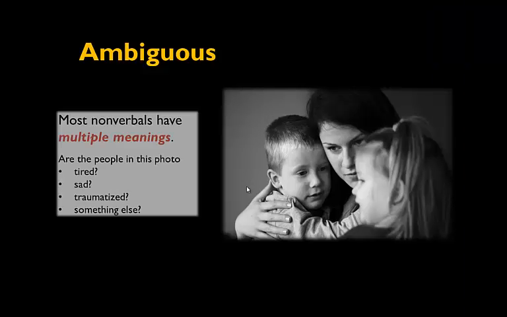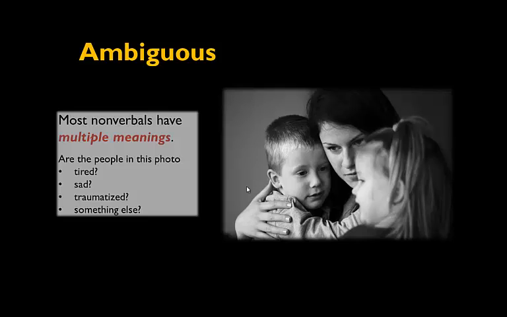All right, the other thing about the ambiguousness of nonverbals is that many nonverbals have multiple meanings. So if you look at this family, and in particular you look at who I assume is the mom in the middle here, that facial expression, the way her face is composed, it could mean several things, particularly the eye contact.